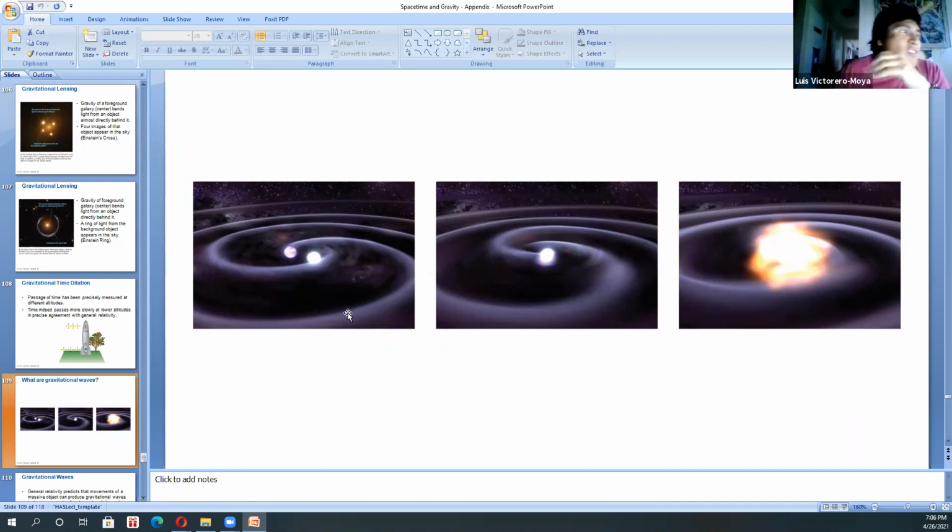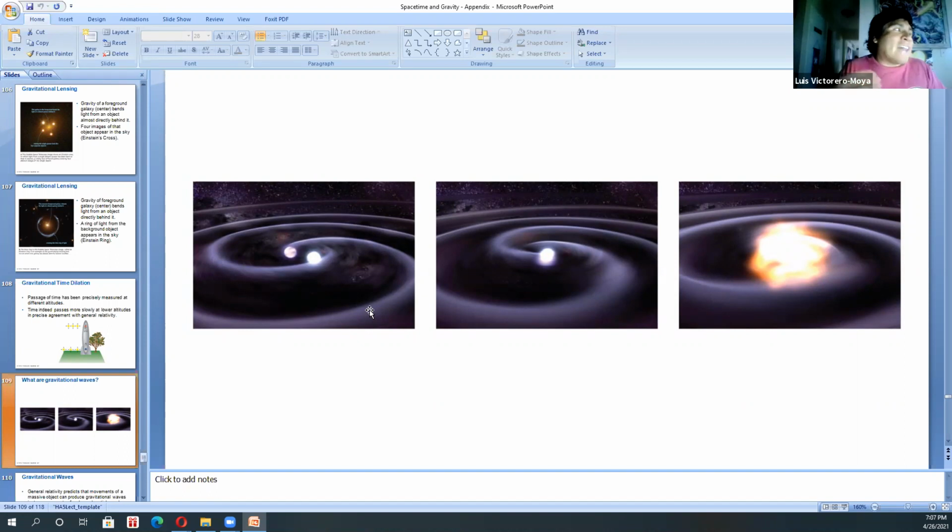Why do they merge? Okay, you see the animation there? Those are called gravitational waves. When two objects are orbiting each other, and these objects are very dense, like neutron stars, the space between them will be bent so much that there are enormous gravitational waves.